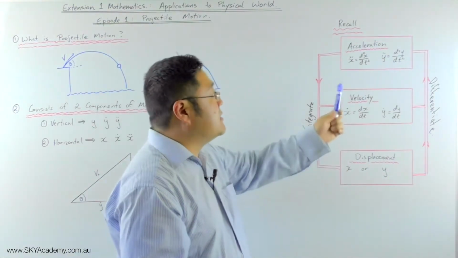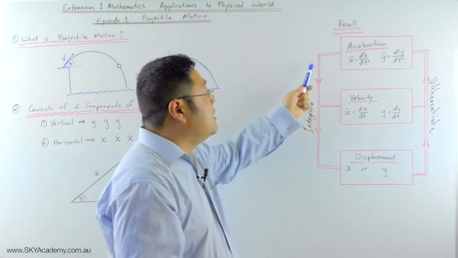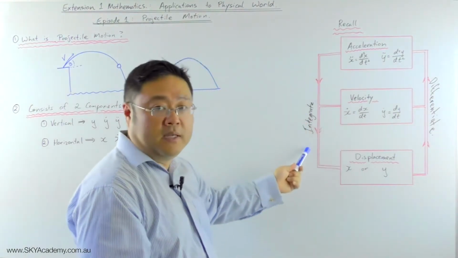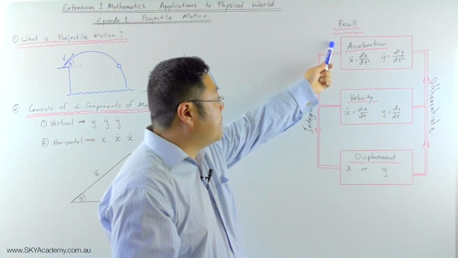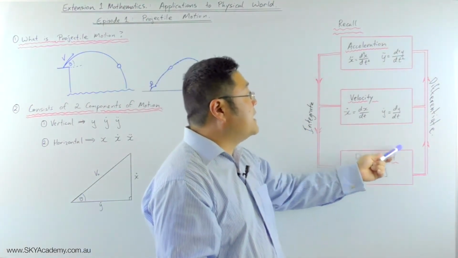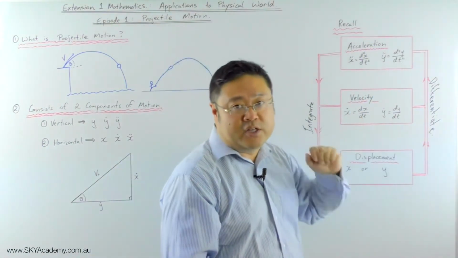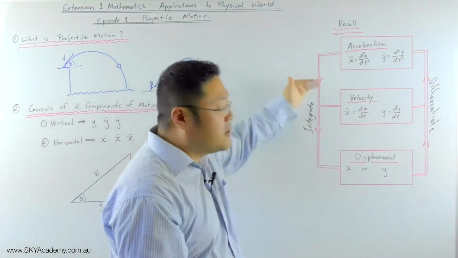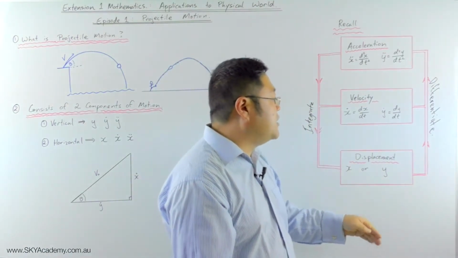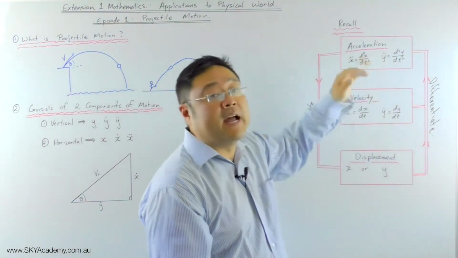To go from acceleration to velocity, you integrate. And to go from velocity to displacement, you integrate. When we go from displacement all the way to acceleration, we do the opposite, which is differentiation. So we're either integrating to go from acceleration to velocity to displacement, or differentiating as we go from displacement to velocity to acceleration.